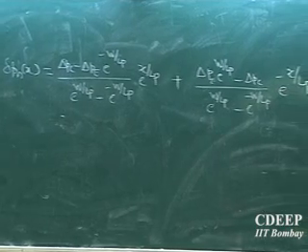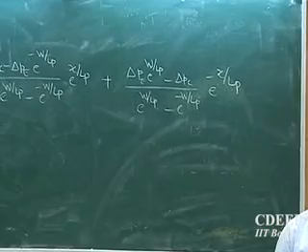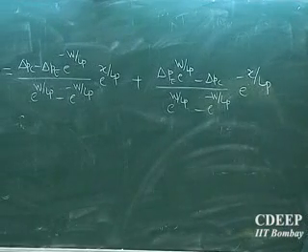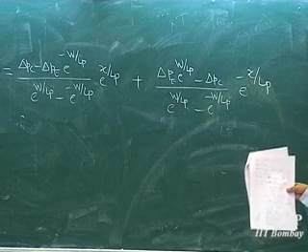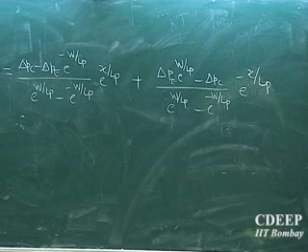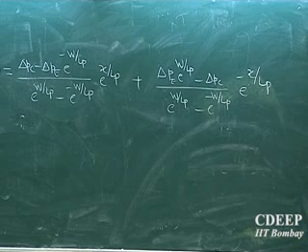Is it okay? Just substitute C1 and C2 in the solution. What is the purpose of this delta Pn? I want to calculate the diffusion current. Which places do I want to calculate? At x is equal to 0.